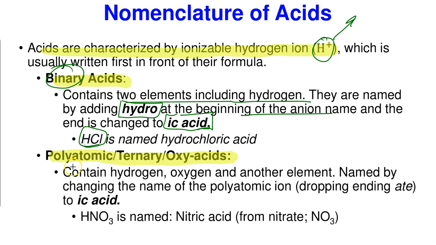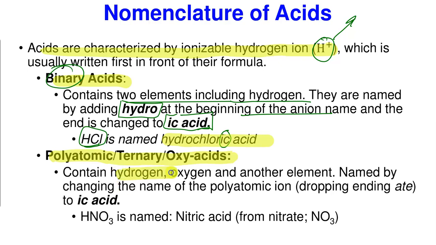Chlorine is a chloride, but we're not going to use the word we did earlier. Instead, we're going to remove that IDE and replace it with IC. So in naming this one, we say hydrochloric acid.